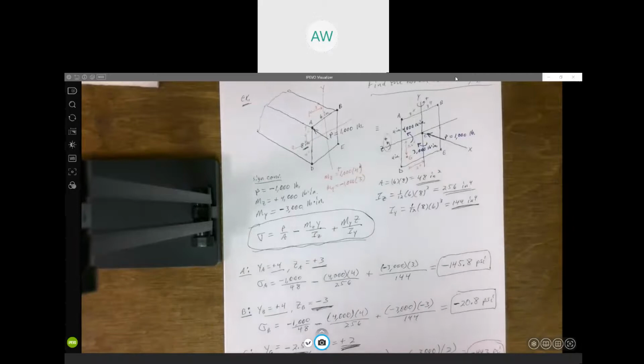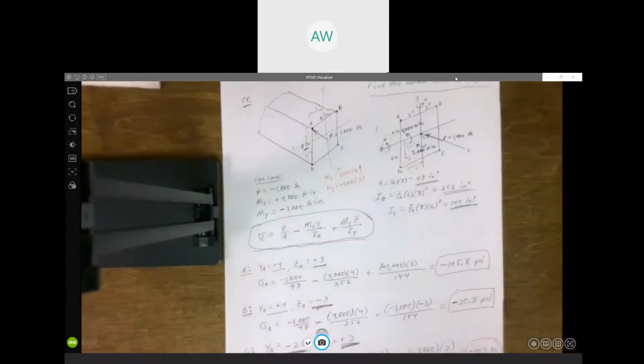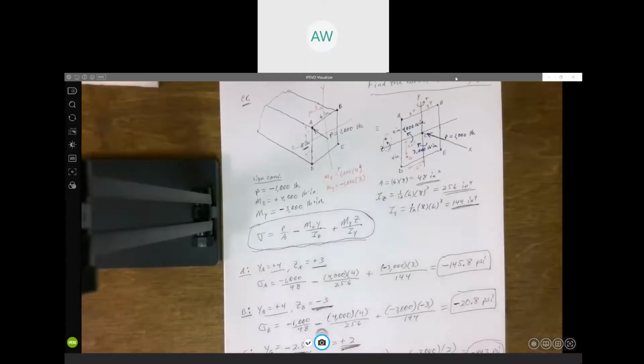Any other questions, related to this particular problem or just in general, combined axial and bending? And I told you yesterday, we're not doing axial bending and twisting. We're just doing axial and bending. If you aerospace majors take structural analysis 1, you're going to do axial loads, bending, twisting, temperature change, multiple materials.